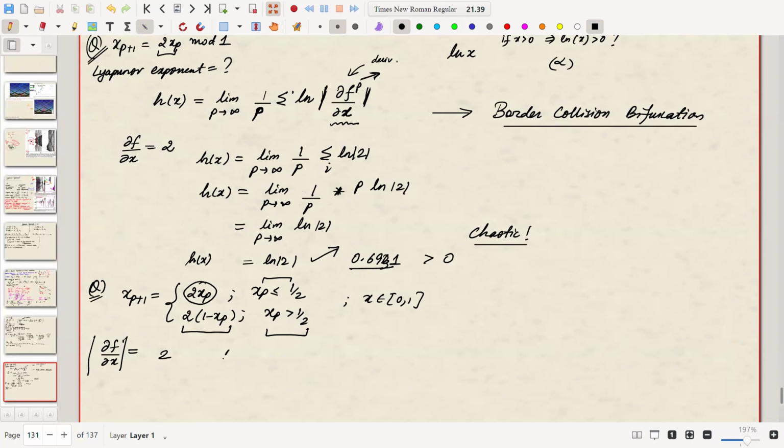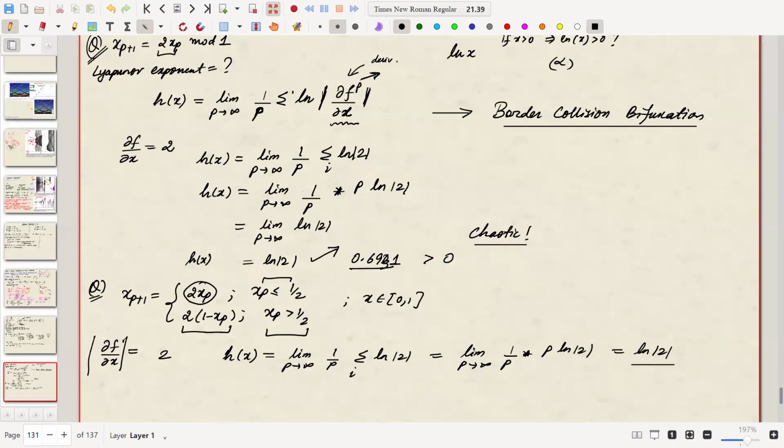If you compute h of x, what will you get again? Limit p tends to infinity, 1 over p summation of ln 2. So again, it will be limit p tends to infinity, 1 over p times p ln 2. This is ln 2 again. Got the idea?